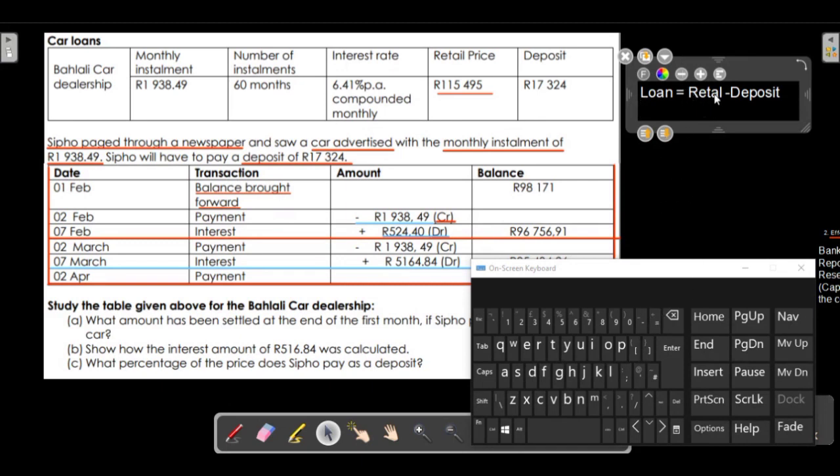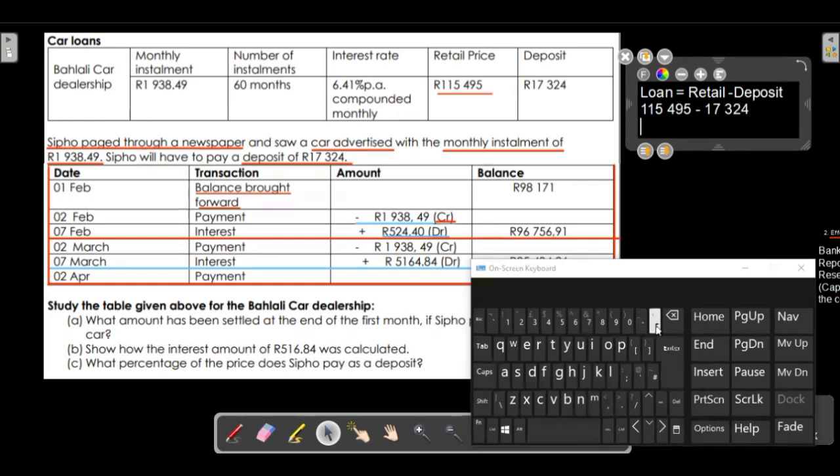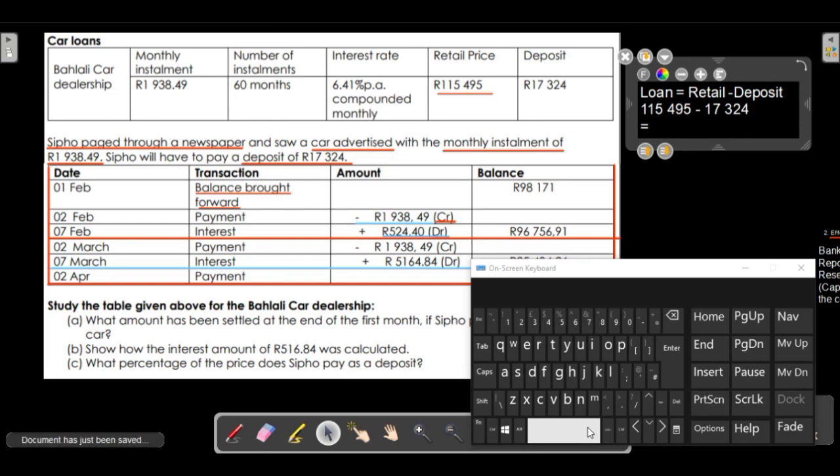So the retail amount as we are given there is 115,495, and then subtract the deposit, which is 17,324. So what do we have? Taking my calculator here, 115,495 subtract 17,324.